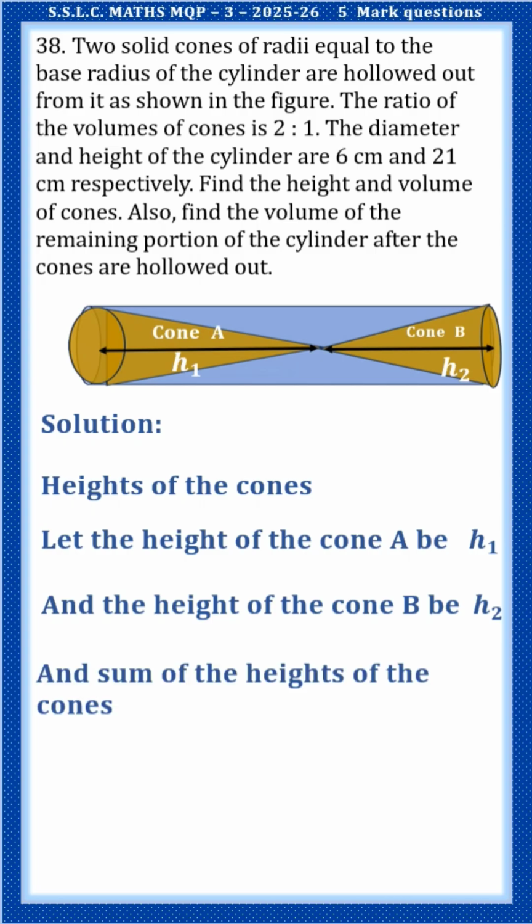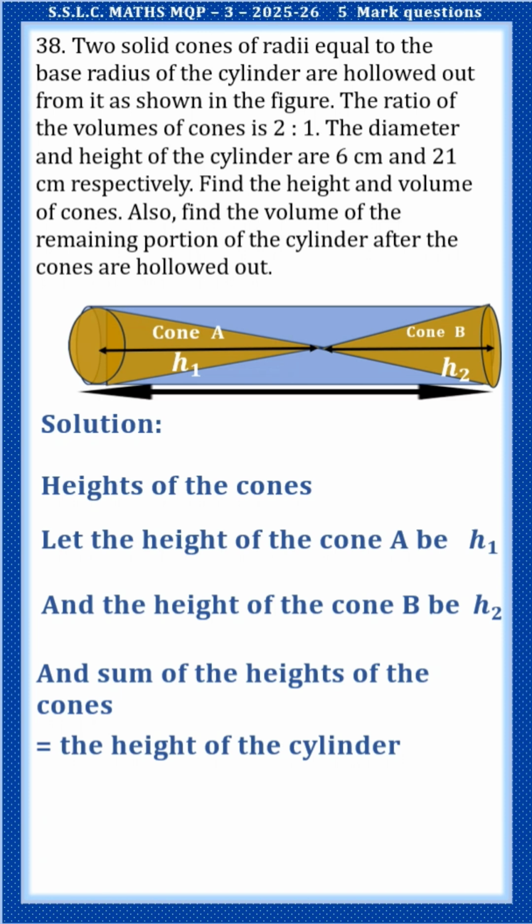Here the sum of the height of the cones is what? It is equal to the height of the cylinder. And it is given. What is it? 21 centimeter. So sum of the height of the cones is 21 centimeter. It means that h1 plus h2 is equal to 21 centimeter.